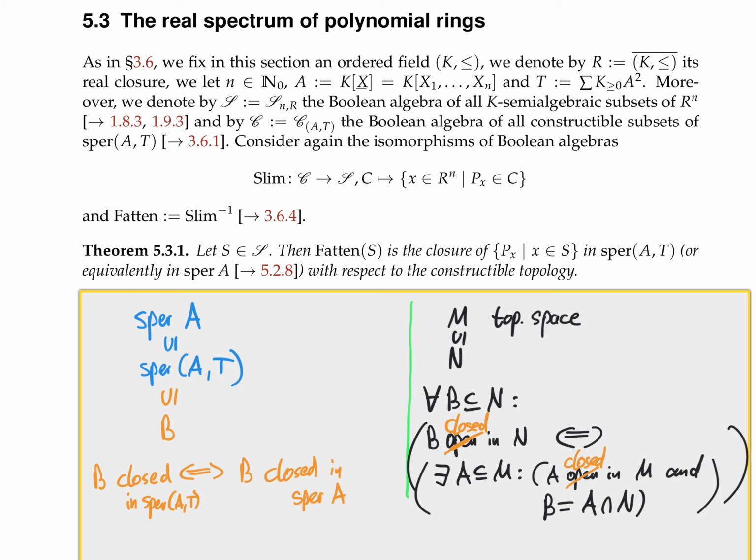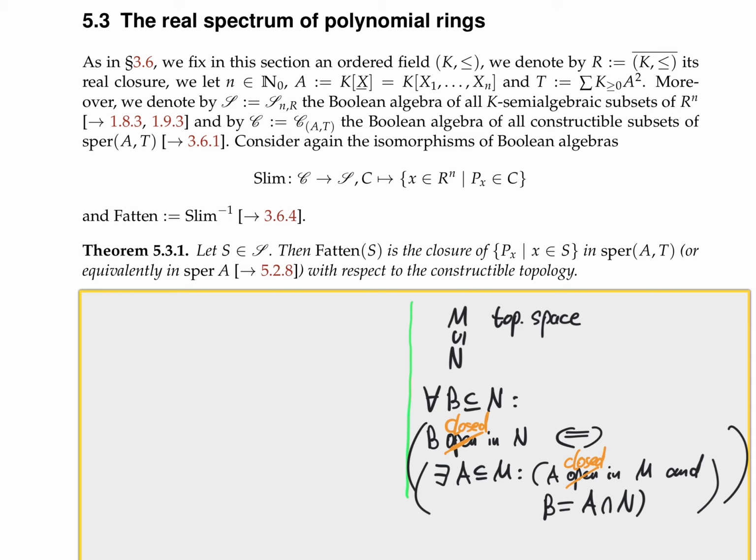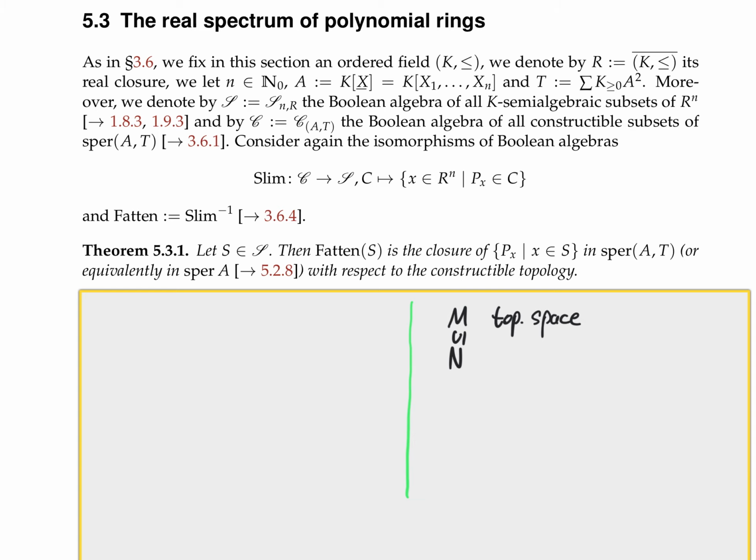Closure is the smallest closed superset, and you see it by this here. Okay, so that was hopefully not too confusing, but I think with technical details one should speak about them.